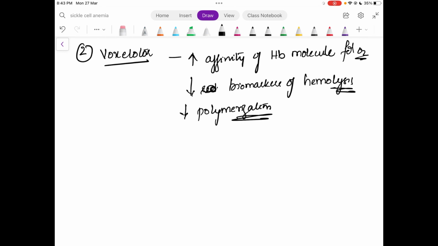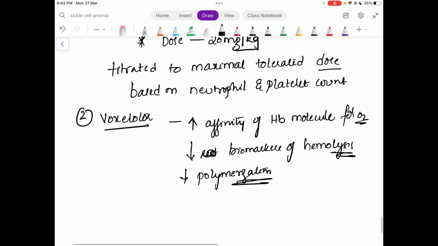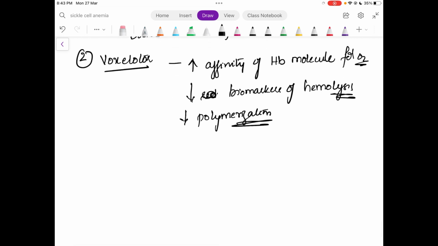So this voxelotor is under study, and we have to know about the long term side effects with the voxelotor. And hydroxyurea has few side effects, and it is better tolerated.